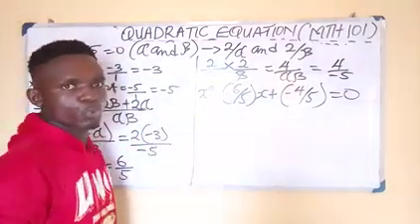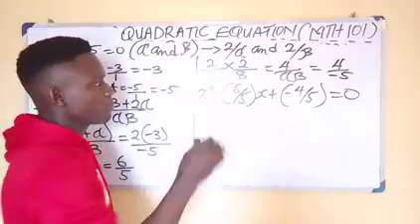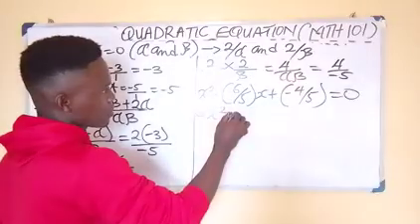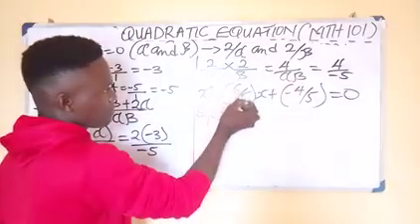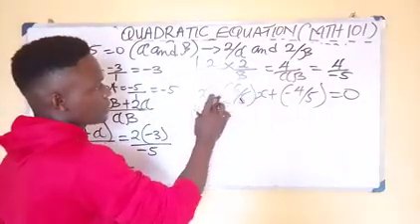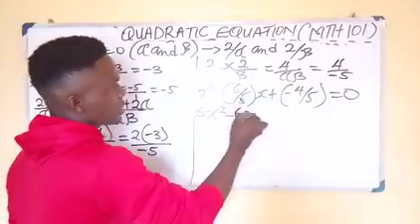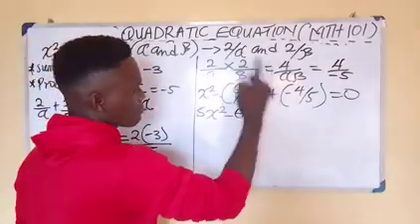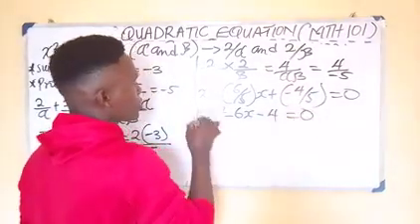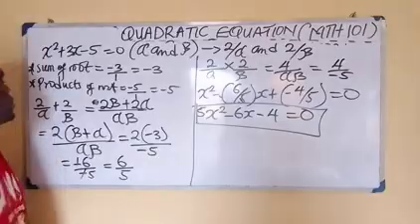I'll multiply through by 5. If I do that, I'll be having 5x squared minus 6x, because the 5 here that I'm using to multiply cancels out this denominator. Then times minus 4 over 5, that 5 will cancel this. I'll be having 4, all equal to 0. So this is a new quadratic equation.